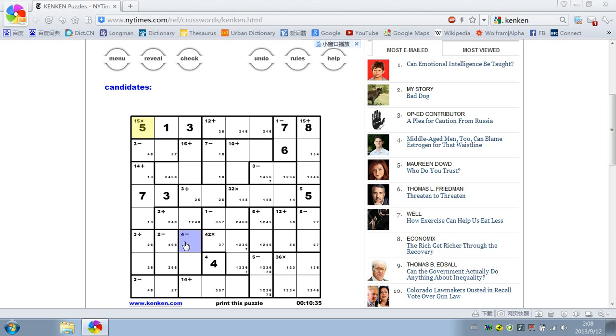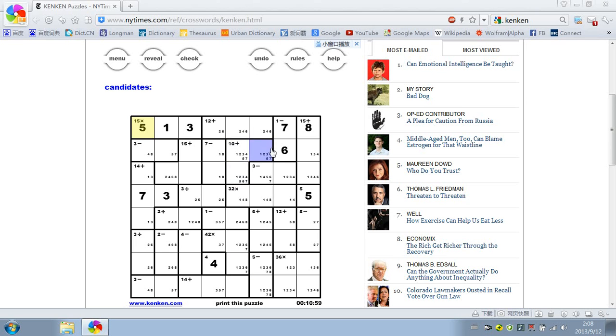It seems like I got stuck here. Let's put the possible candidates anyways. So you cannot have 8 in any of these cells because you cannot have 8 here.